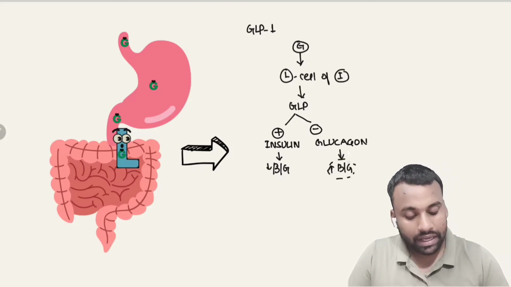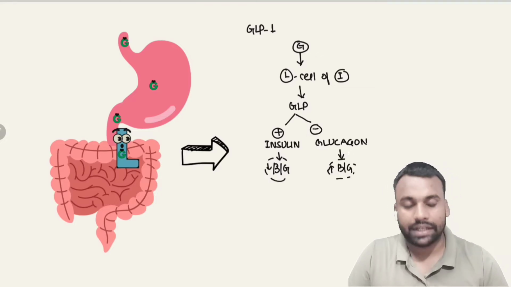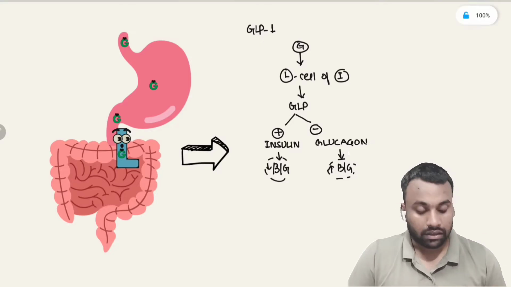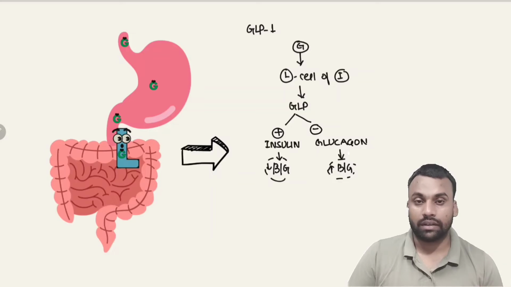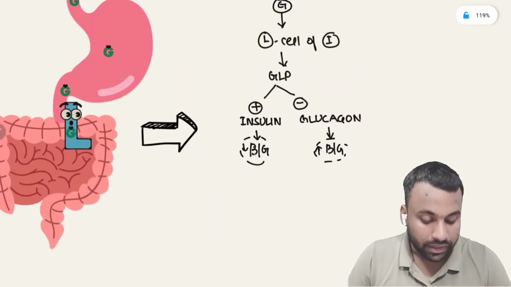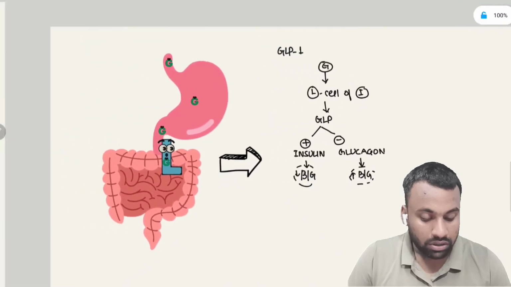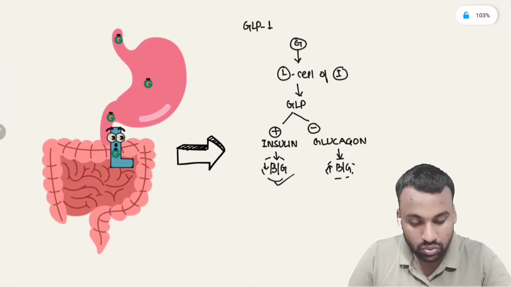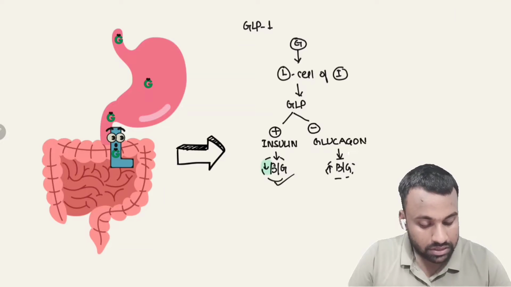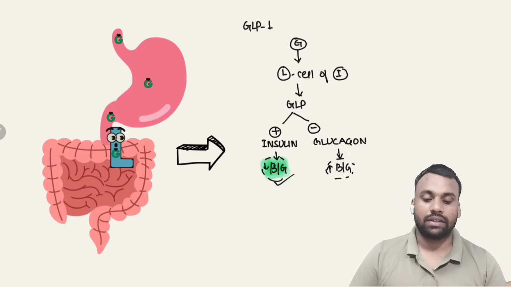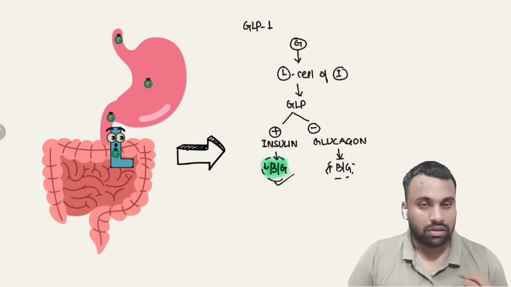So if glucagon is deactivated and insulin is activated, it is responsible for decreasing the blood glucose level. This is the main target in diabetes mellitus type 2.